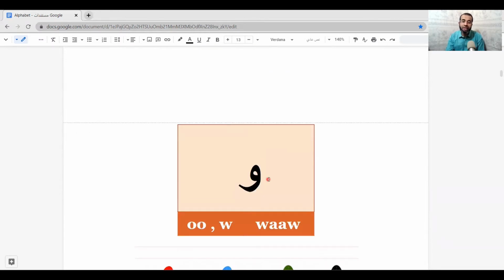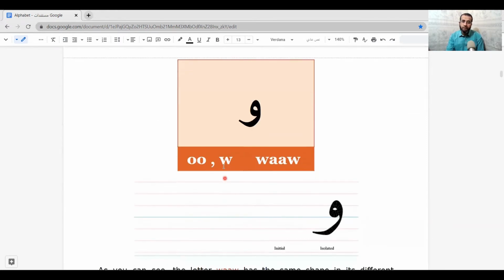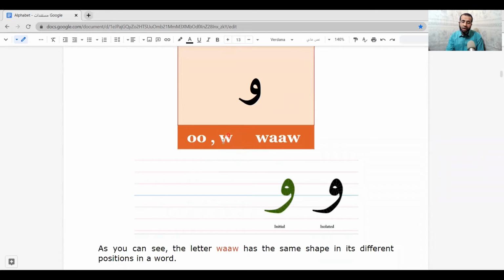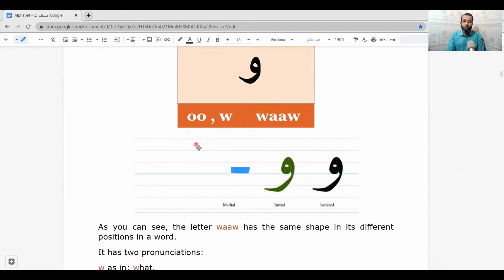The next letter is this. It's called wow. Wa or woo. And it's written like this. As you can see, the letter wow has the same shape in its different positions in a word. It has two pronunciations.